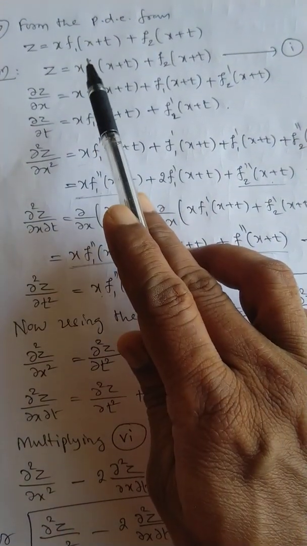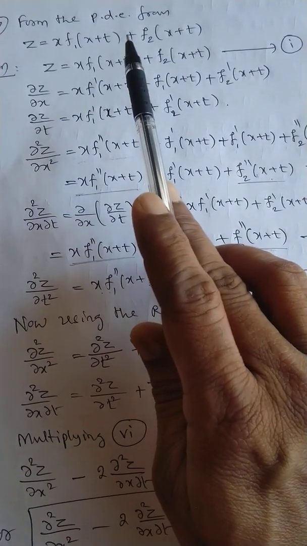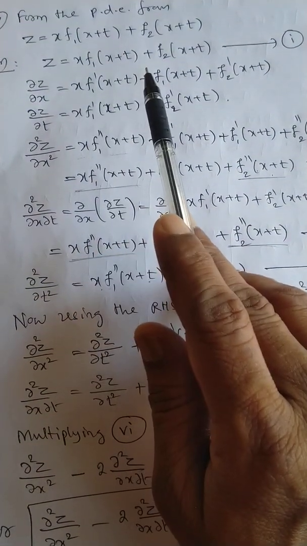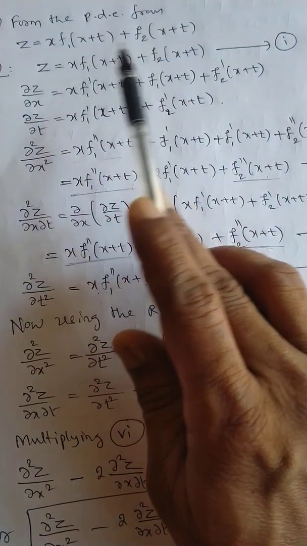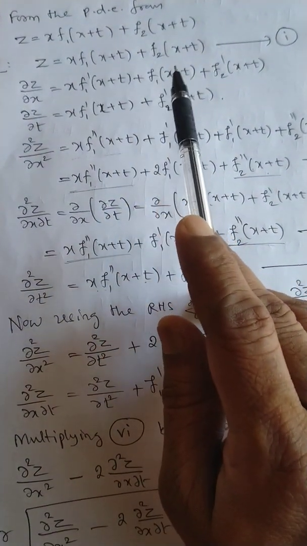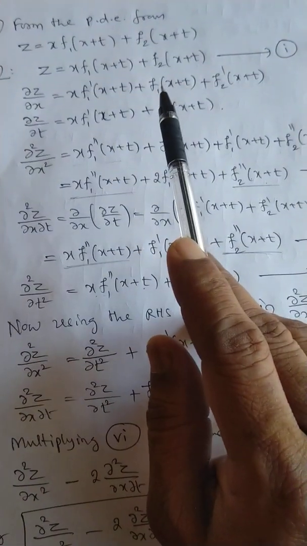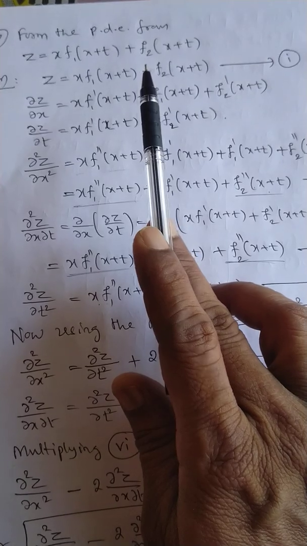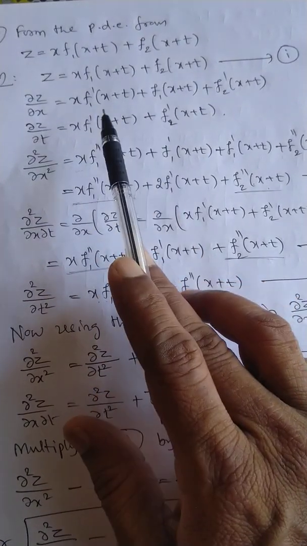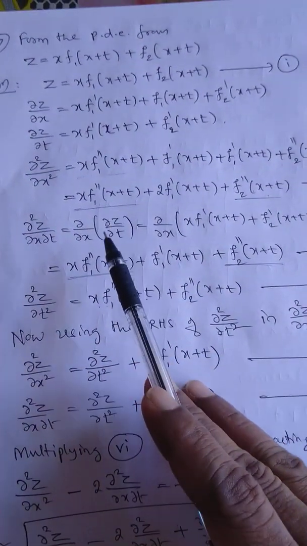If the number of arbitrary functions is 1, then we have a first order partial differential equation. If we have 2 arbitrary functions, then we will have a second order partial differential equation. Since in this we have 2 arbitrary functions, f1 and f2, we get the second order partial differential equation.